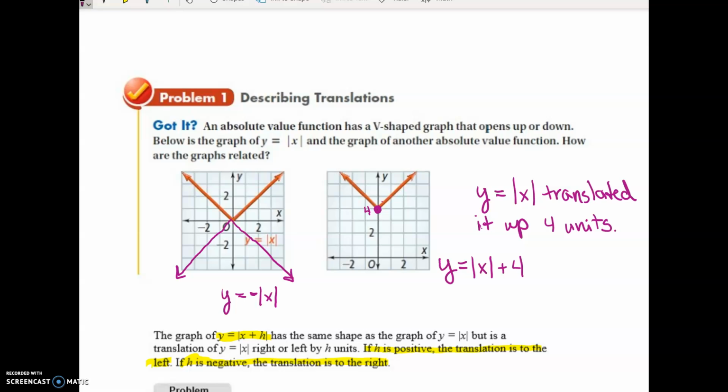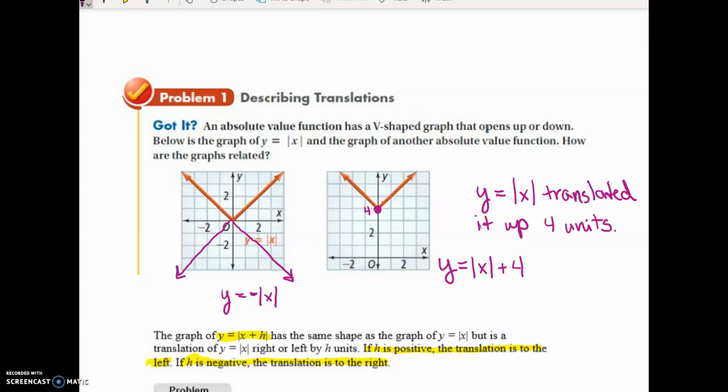So we know that if we were going to write the equation, we would add 4 to our parent function.